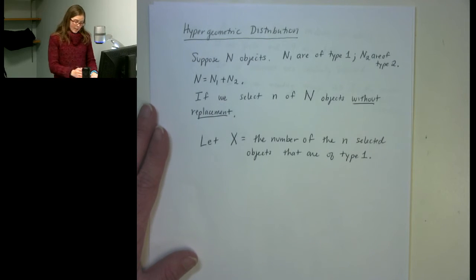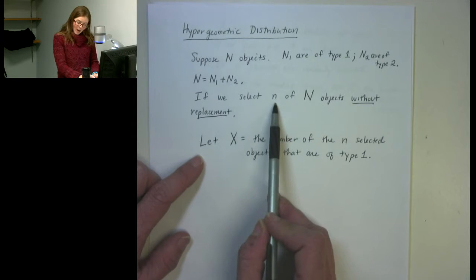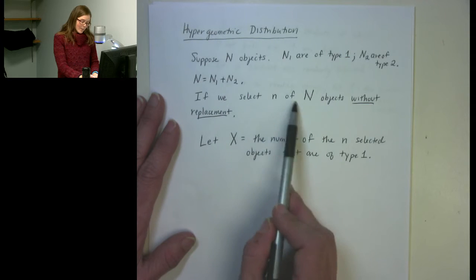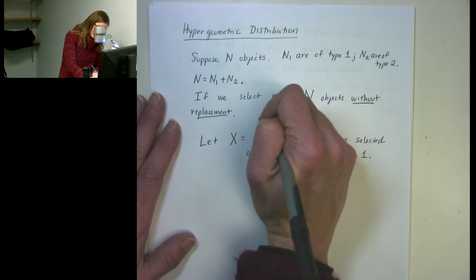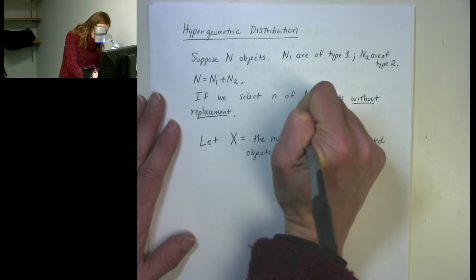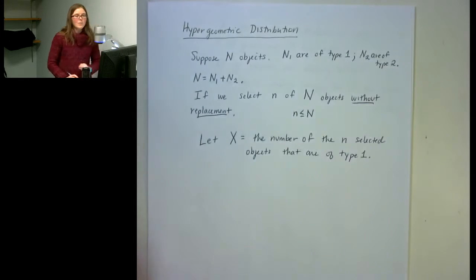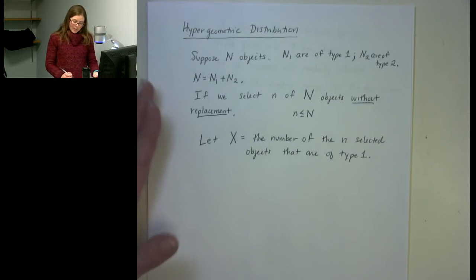For instance, I can see that if I'm going to select n objects out of N, there are a couple things I need. I need n, the number I'm selecting, to be less than or equal to the total number of objects. Can't select more objects than I have. There are a couple of other things that we notice.